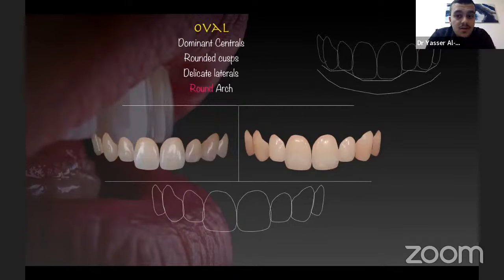But the oval shape has dominant centrals, and this oval shape of the teeth is more common in females than in males. It has rounded cusps of all teeth with delicate laterals, which means the laterals are more rounded, and the arch is rounded.